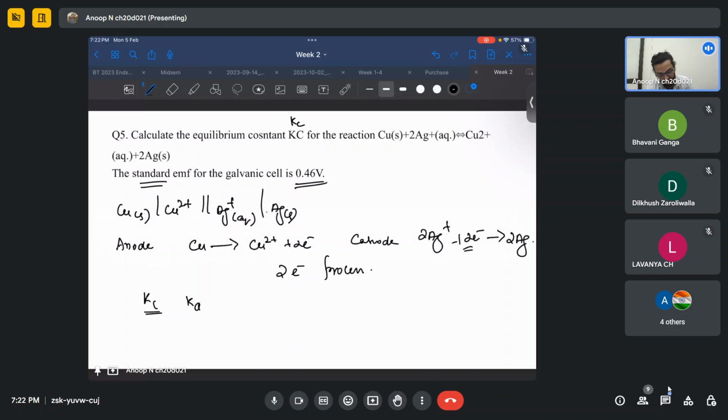Ka is based on activity. So I will give one more hint. Kc, in this case, you can take the system is in equilibrium. In equilibrium, what will happen to E cell? What will be the value of E cell at equilibrium? So if you can get that idea, you can directly solve the problem.